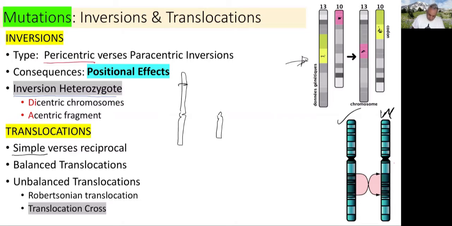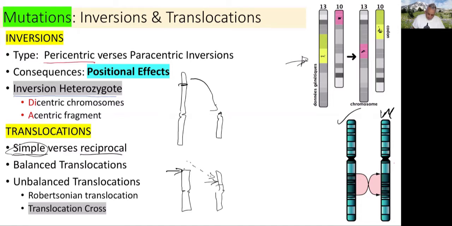Suppose this part of chromosome number 1 breaks off and joins the tip of chromosome number 12. Now we will have a shortened chromosome 1 that's missing its tip, and then we'll have a longer chromosome 12 that now has an extra piece added to it. So that piece there has moved down there. So that's called a simple translocation.